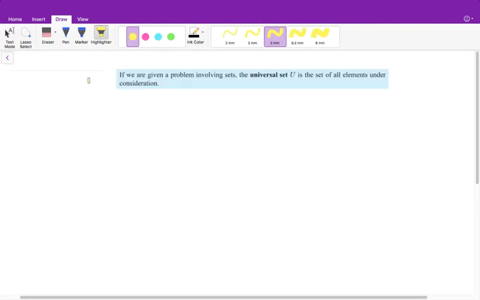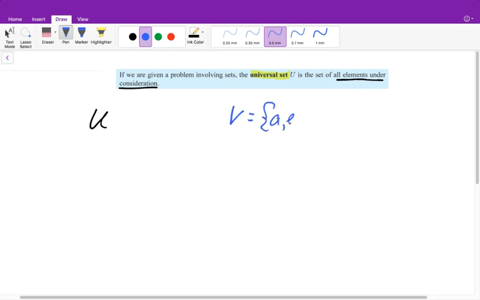Before we can start solving any questions or really talking about Venn diagrams, there's a lot of key terms that we had to define first. And the first one that we're going to define is the universal set. The universal set is denoted by the letter U, and it represents all of the elements under consideration. So if you think about one of the first sets that we learned about in the first video, the set of all vowels, A, E, I, O, and U. Well, the universe, we would say, is all of the letters.